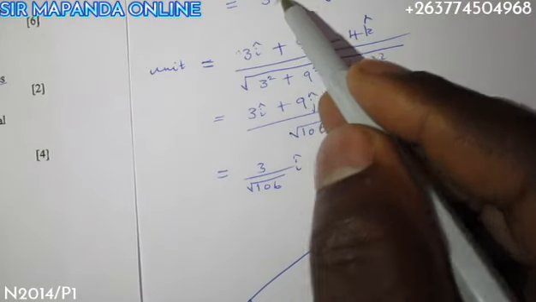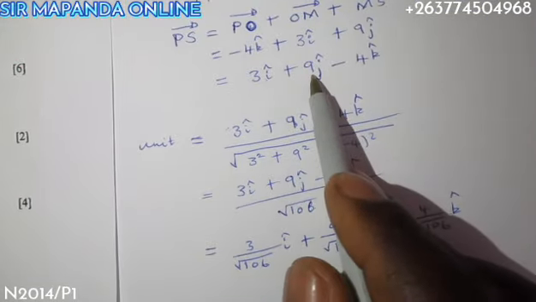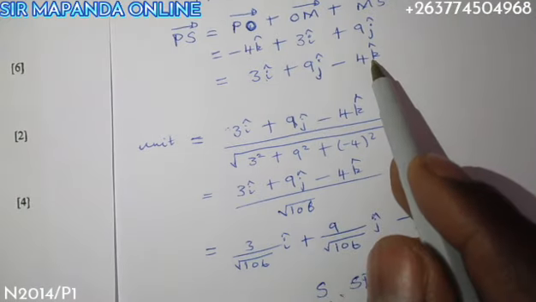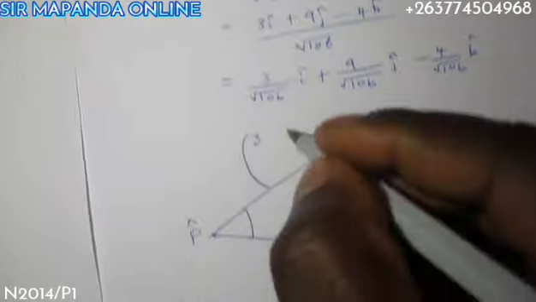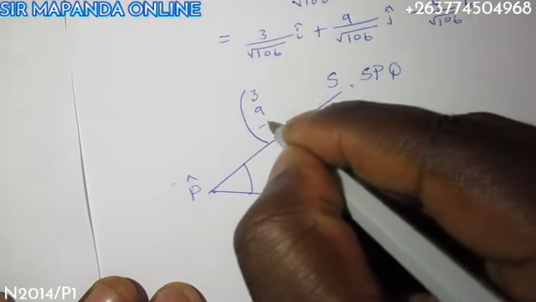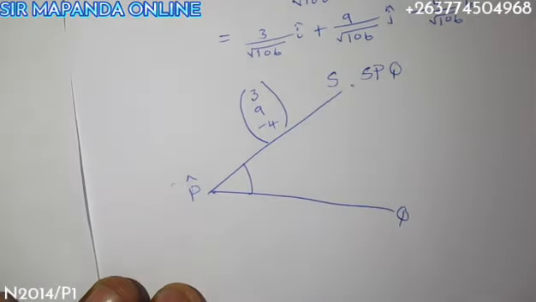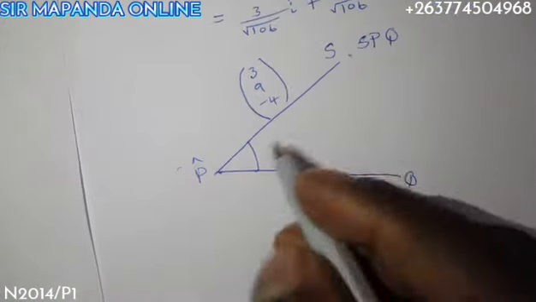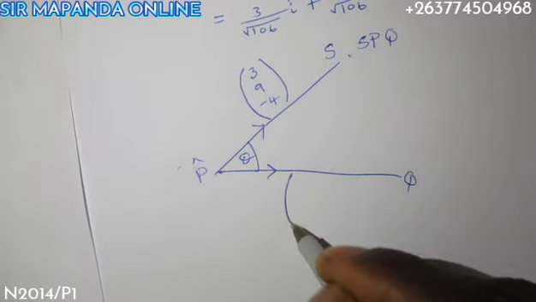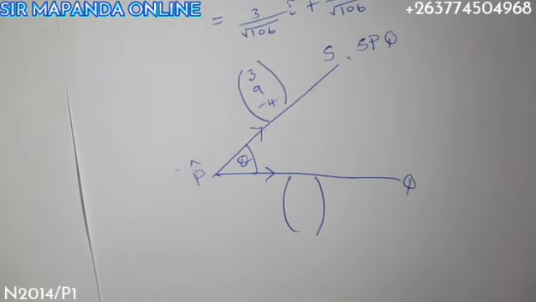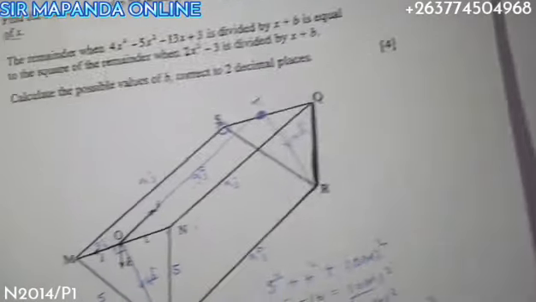PS is 3i plus 9j minus 4k, which can be written as 3, 9, and minus 4 using the column vector. This is PS, right? So to find the angle, we need PS and PQ.